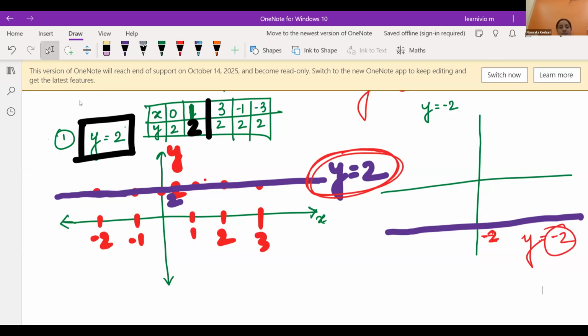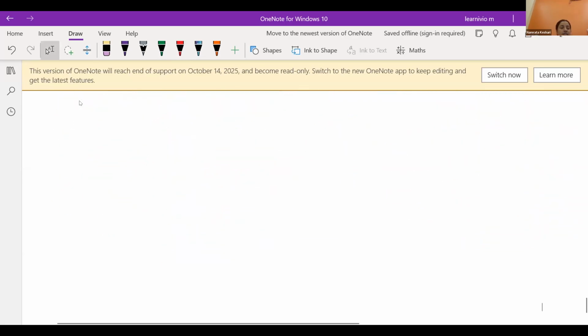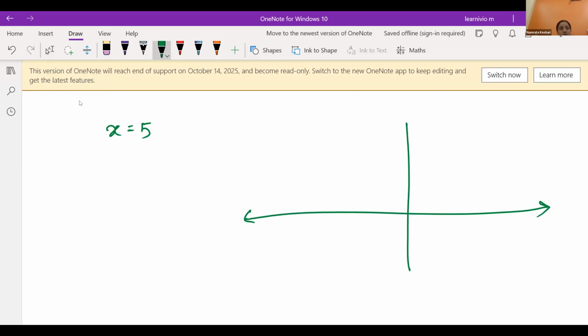Now in case we have x equals something, let's say x equals 5, the graph of this equation will look like this, whatever y is. When y is 1, x is 5. When y is 2, x is 5. When y is 3, x is 5.